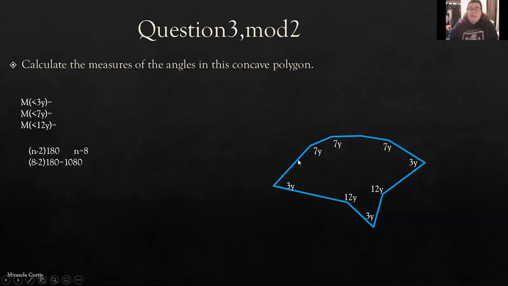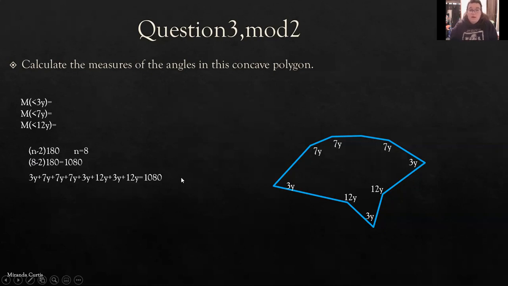The equation for a polygon is n minus 2 times 180. We counted our sides, so we already know n is 8. So 8 minus 2 times 180 is 1080.